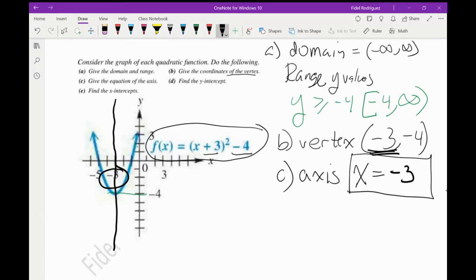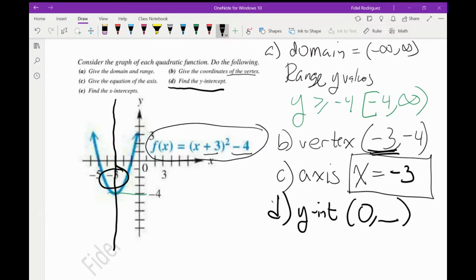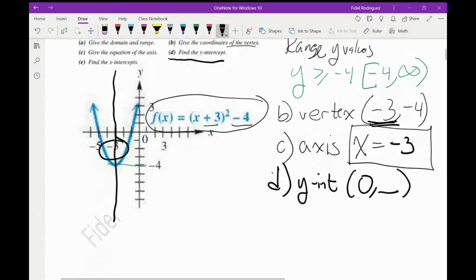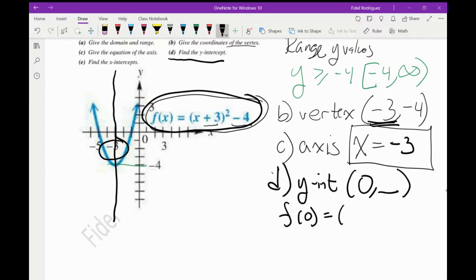Okay. Now part D says we're going to find the y-intercept. So the way I'm going to find the y-intercept is I'm going to plug in 0 for x, and we're going to figure out what we're going to get for y. What I mean by that, guys, is I'm going to take this equation right here, and everywhere I have an x, I'm now going to plug in the number 0.